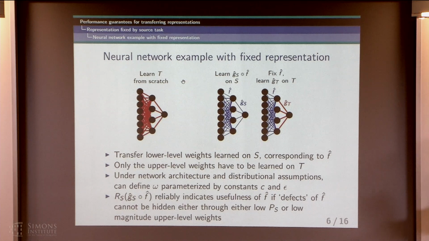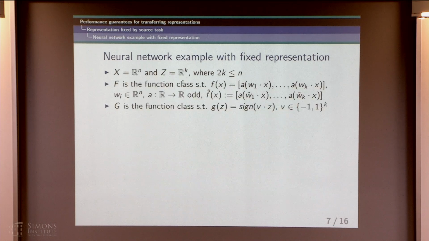We don't want them to be able to hide anywhere. So the way that we do that is make distributional assumptions about the source task distribution and also the magnitude of the upper level weights that we use in this example. Okay, I'm going to just sort of formalize that. This is basically specifying our neural network function class.